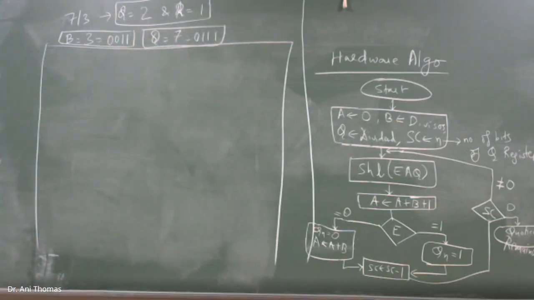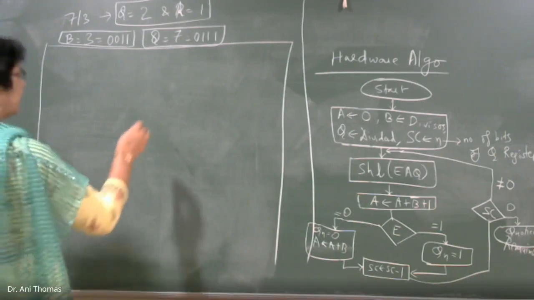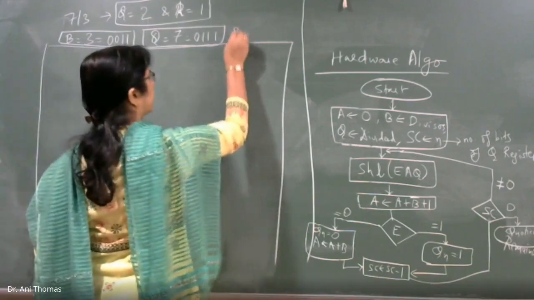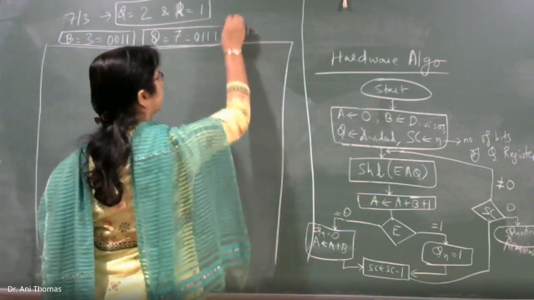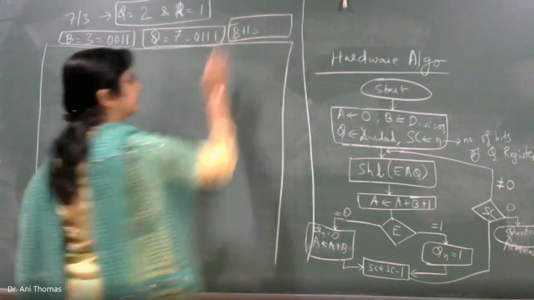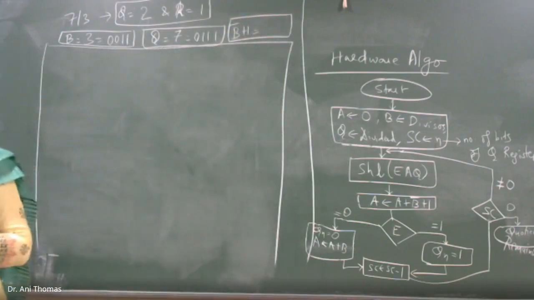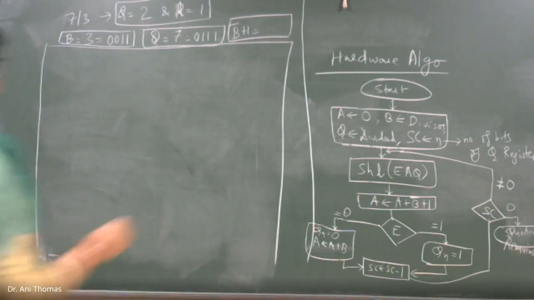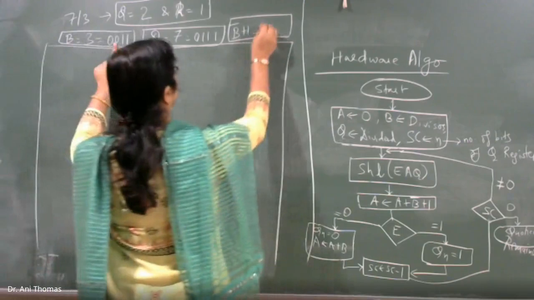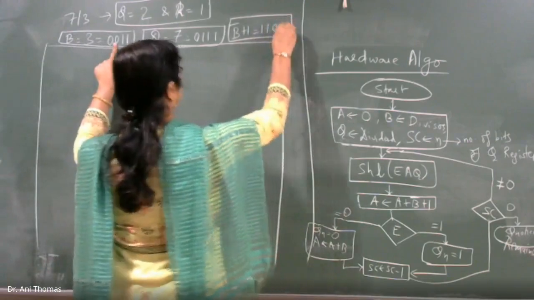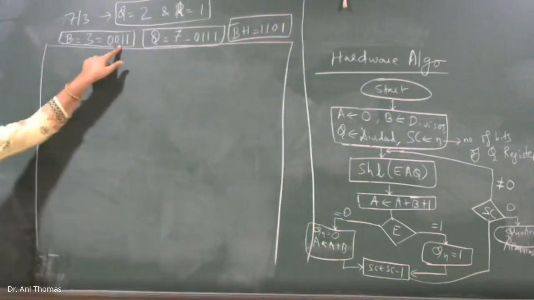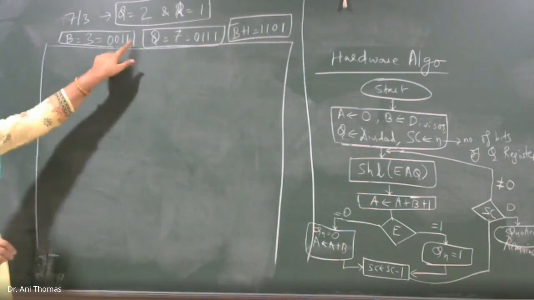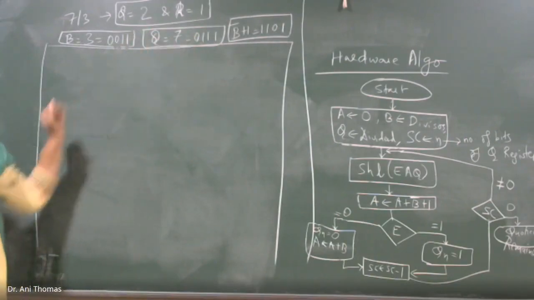Initialize the values, and since we have to add A plus B bar plus 1, we will also keep the value of B bar plus 1. B bar plus 1 is the 1's complement 1, 1, 0, 0 plus 1, which is 1, 1, 0, 1.